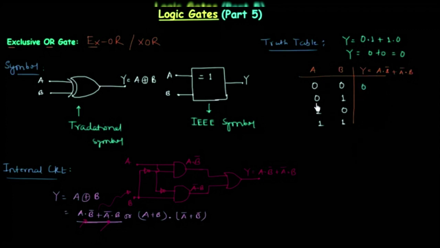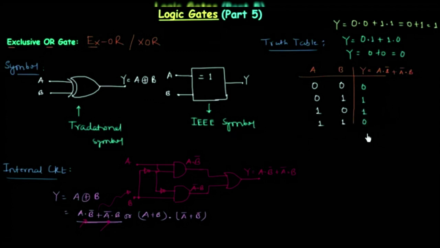When we have A equals to 0 and B equals to 1, it means we have 0 and 0, or 1 and 1, because A is 0, so A complement is 1, B is 1. This will give me 0 or 1, and finally 1. So we have 1 as the output for the second case, and in the same way, if you calculate for the last two cases, you will have 1 and 0.